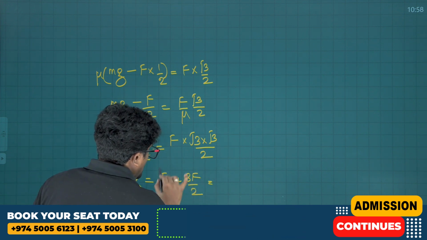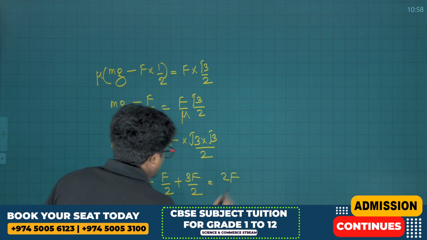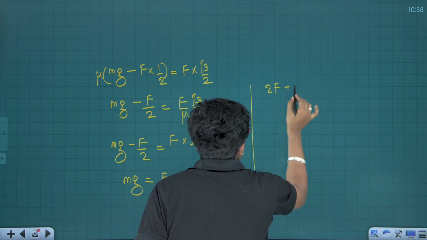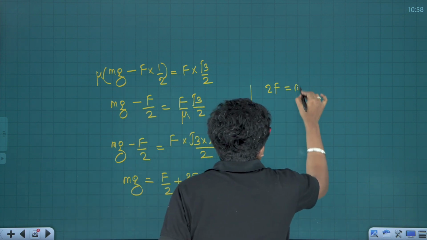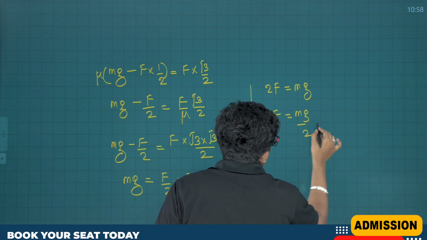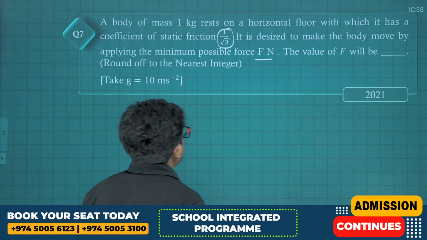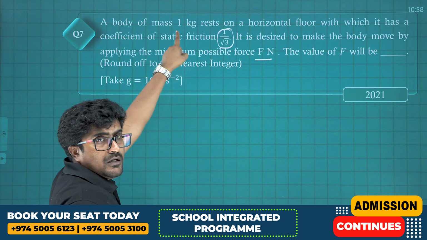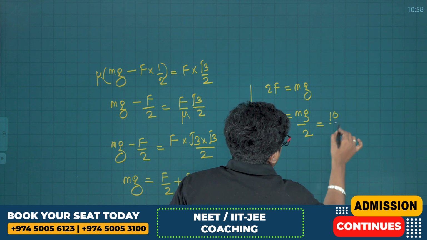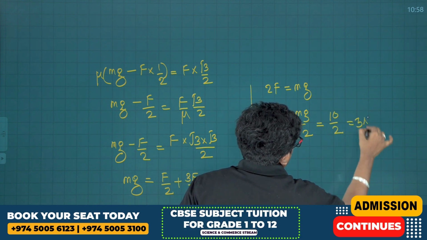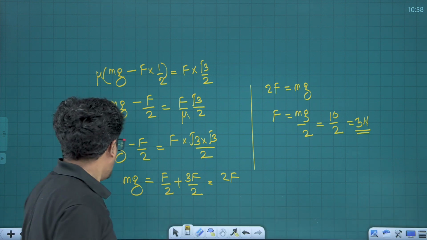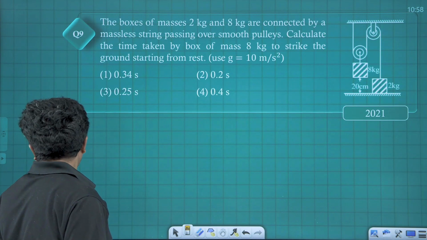So here this is of course 2 times F. Now we have 2 times capital F equal to M into G. Now capital F equals mg by 2, and what was m into g? M is 1, g is 10. So here this is 10 by 2, which means 5 Newton. So the maximum value of force that we can apply is what? 5 Newton.